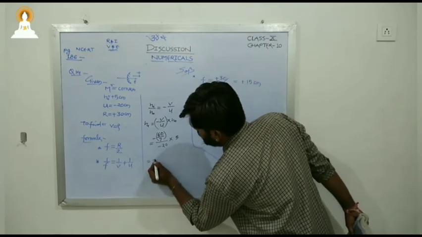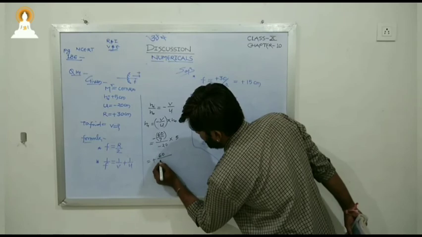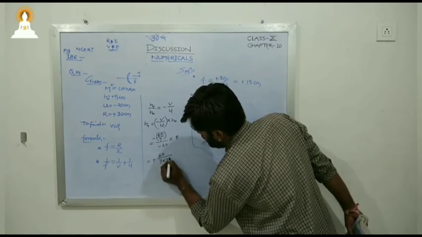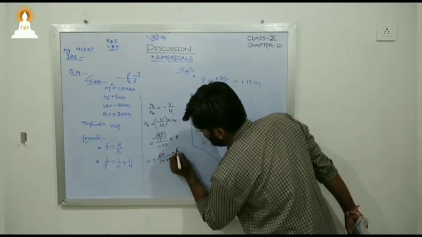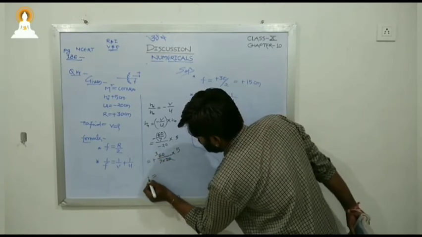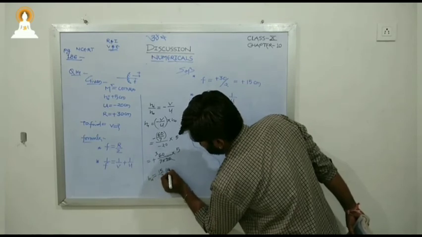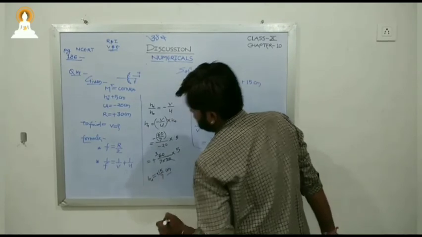If we manipulate this, minus plus, so 60 by 7 into 20 into 5. So we will have height of image will be 15 by 7 centimeter with plus sign.